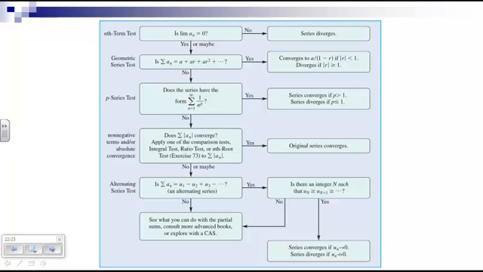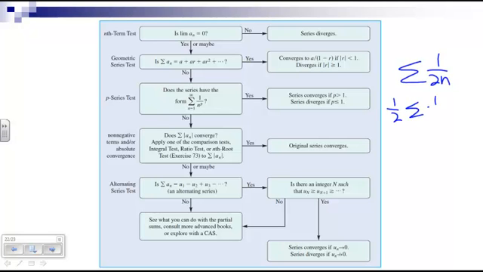But what if it's not geometric? It says, maybe it's a P series. That's pretty easy to check to see whether it converges or not. Is it a P series or something that looks like a P series? Because officially, the series we looked at a second ago is not a P series.